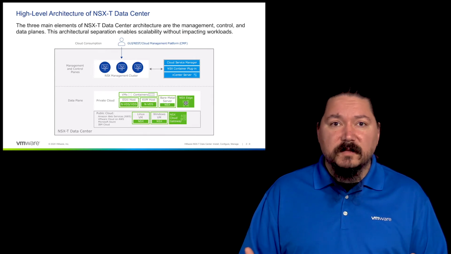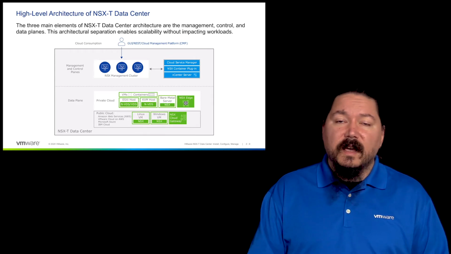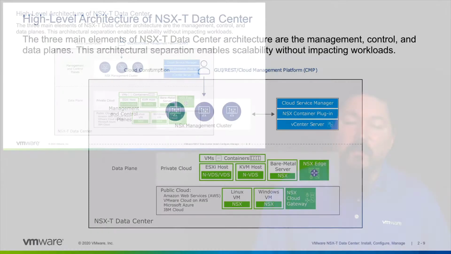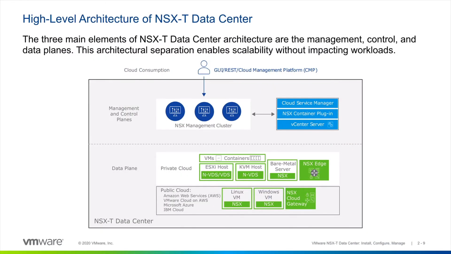And we'll talk about transport nodes more as we continue on. For the purposes of our discussion at this point, my data plane is made up of my ESXi hosts and my KVM hypervisors and my cloud workloads and maybe even some bare metal servers or my NSX Edge transport nodes. So the data plane is made up of quite a number of pieces, and it's entirely distributed.